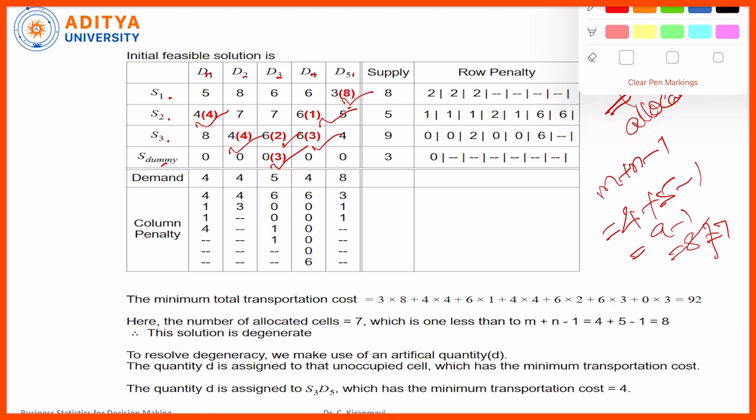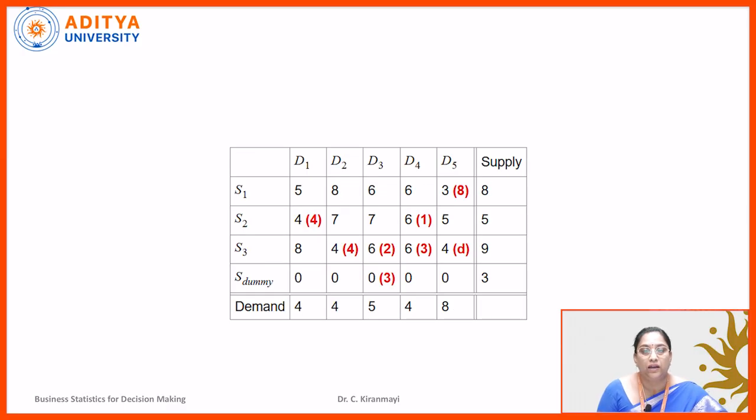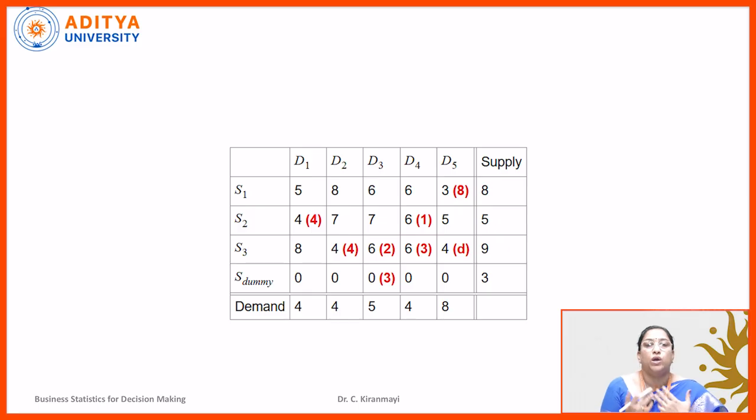There exists degeneracy in the problem. So, how can we remove this degeneracy? To resolve degeneracy, we add an artificial small quantity called d. To which cell must this small d be added? To the unoccupied cell having the minimum transportation cost, so as to obtain 8 allocations.